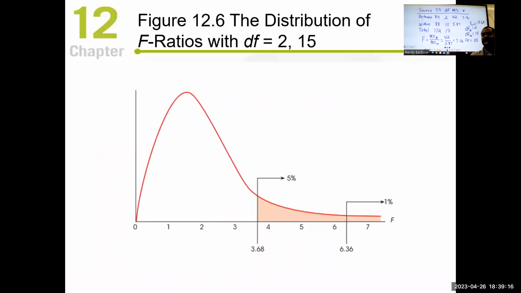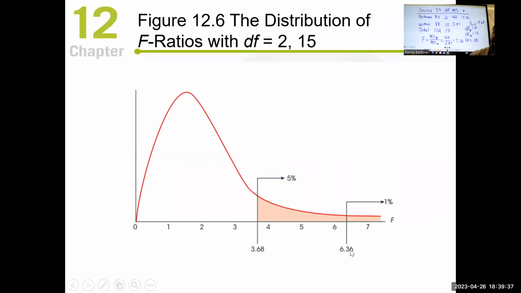So again, we got 3.68 and we have a 6.36. These are my critical regions for a 5% significance level. And again, if I went to 1%, I want you to use the chart, go to the 1%. You'll also see that at degrees of freedom of 2 and 15, at 1% is 6.36.